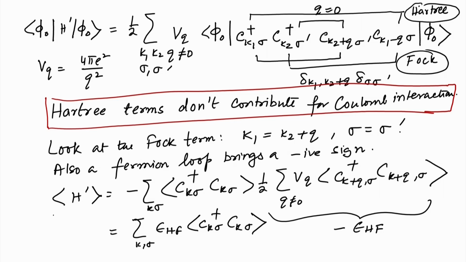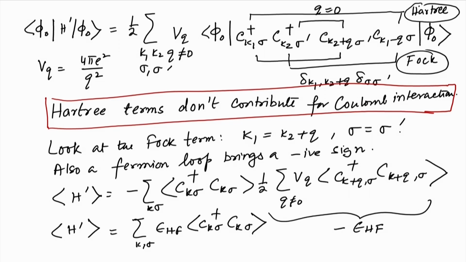So, the expectation value of H prime between the non-interacting ground states is equal to epsilon HF, which is the Hartree Fock energy given by this term, which is the sum over, there is a half factor as well, sum over q not equal to 0 of V q, and then this expectation value.